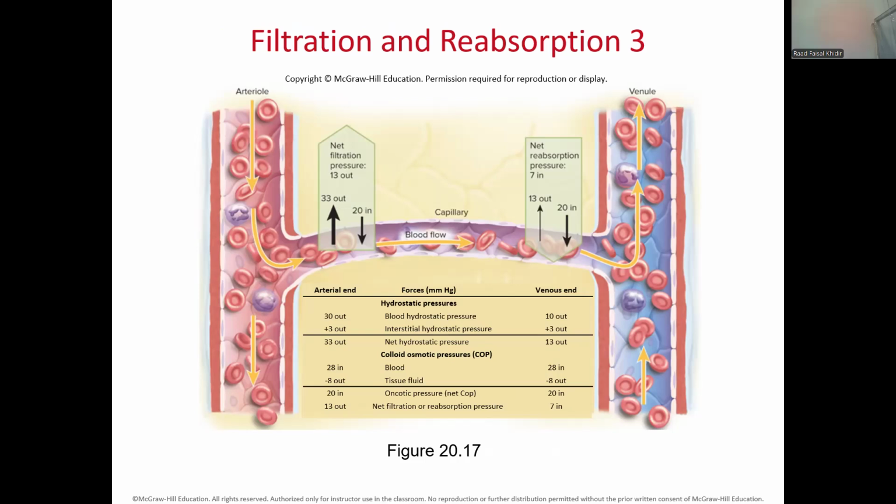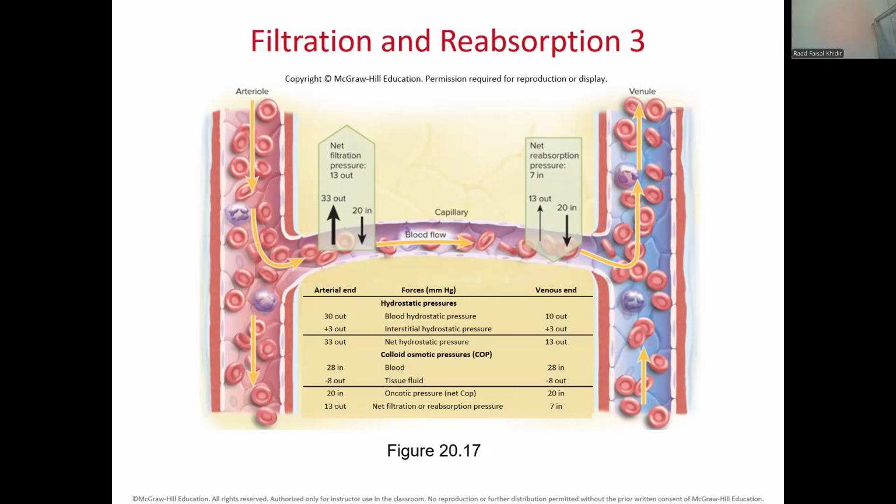This is the hydrostatic pressure powering this movement, and this is the osmotic pressure. What's the oncotic pressure? Oncotic pressure is the difference between the osmotic pressure in the blood vessel and the osmotic pressure in the tissue.